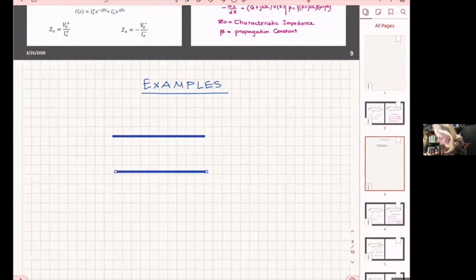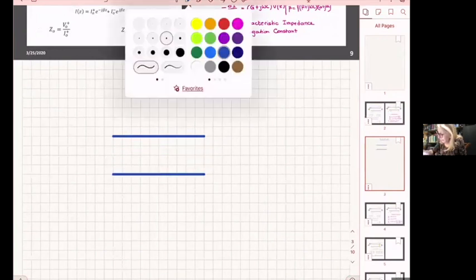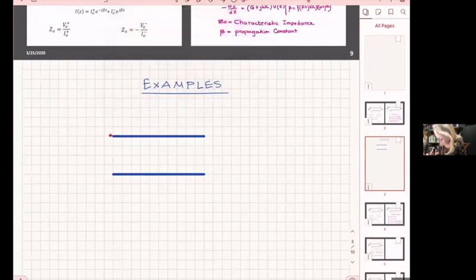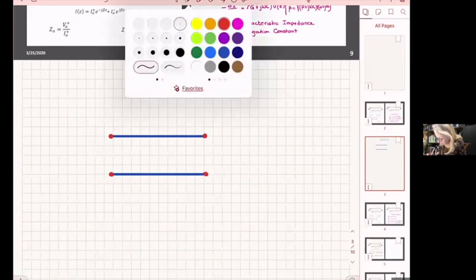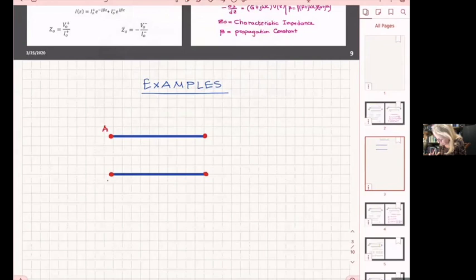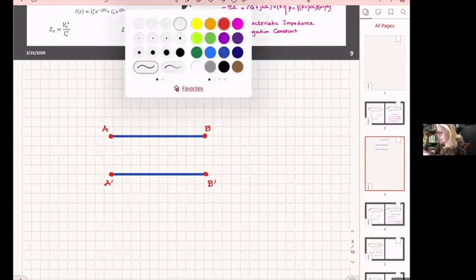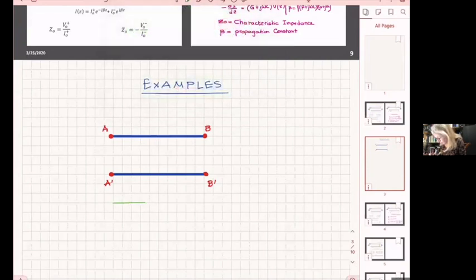And here I indicate the beginning of the line and the end of the line. And what I'm using for this is A prime, B prime. For the coordinate Z, I'm going to assume that this is at 0. This is always the placement at the source.